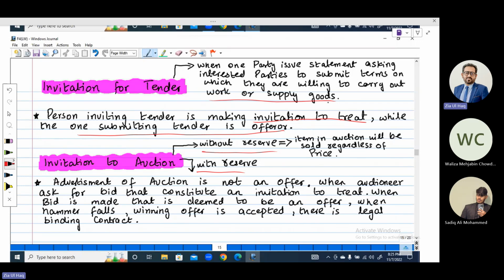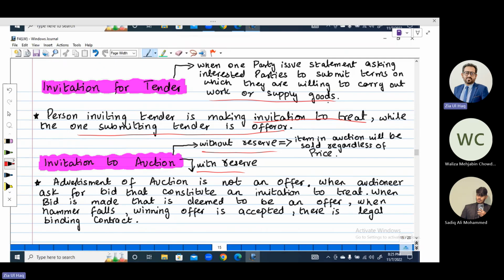Whoever offers the highest price in the auction process, you will sell to that person, regardless of what they offer. There is no minimum price defined by you. If there are 10 people and the maximum offered is 10 pounds, you will be liable to sell at 10 pounds.